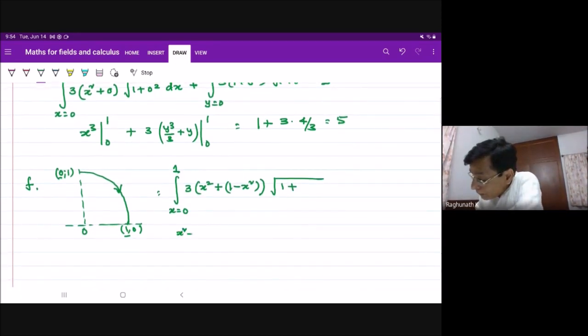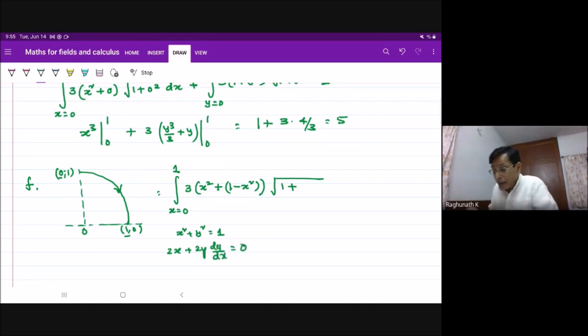For x square plus y squared is equal to 1, 2x plus 2y dy by dx is equal to 0. I think I spoke about these differentiations, right? 2x plus 2y dy by dx is equal to 0. So dy by dx is minus x by y.